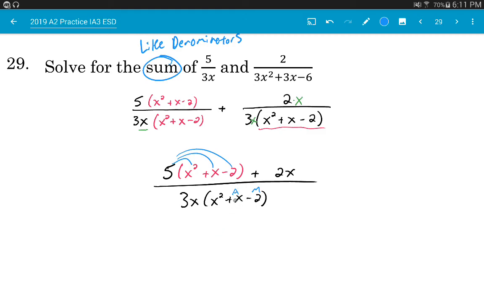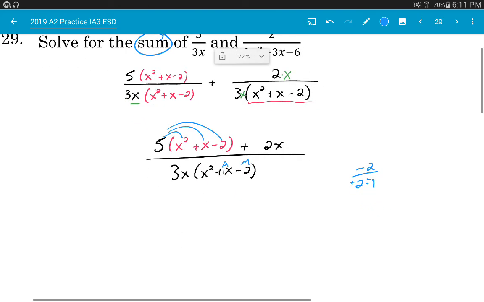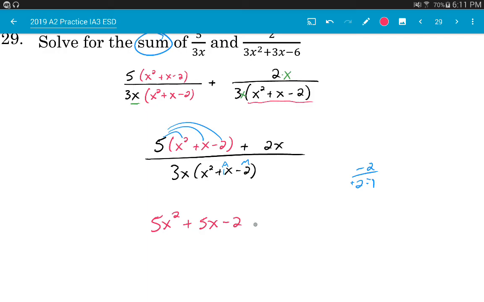So I add and multiply here: adds to 1, multiplies to negative 2. So negative 2 could be 2 and 1. Positive 2, negative 1. Yeah, that makes sense. So on top, I've got 5x squared plus 5x minus 10 plus 2x, all over 3x times x plus 2 times x minus 1.